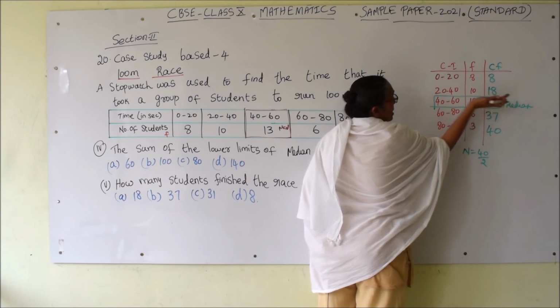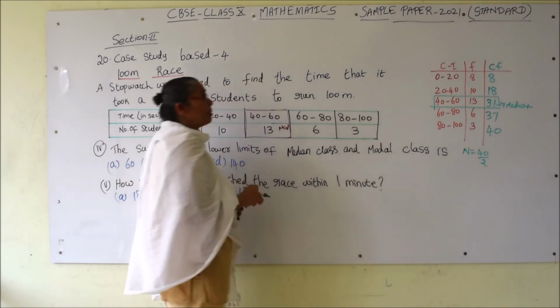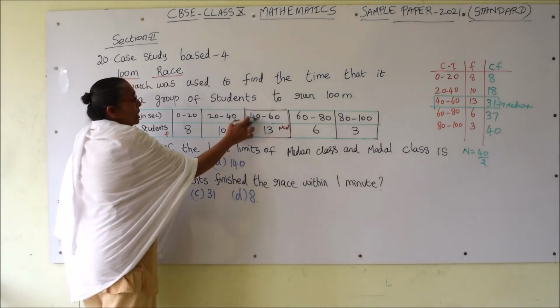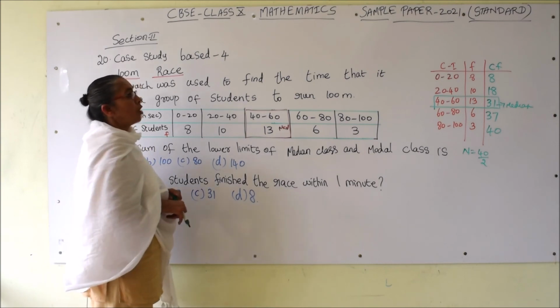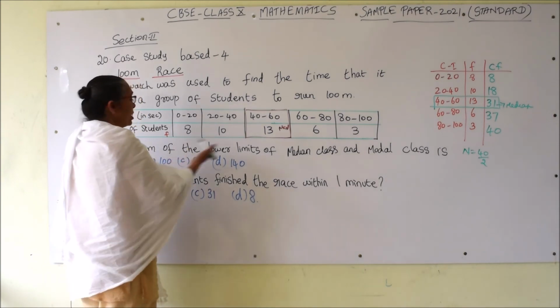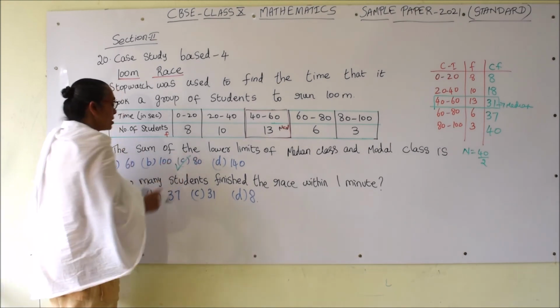So this class is referred to as the median class. Now the lower limit of the median class is again 40, and the lower limit of the modal class is already 40. So 40 plus 40, sum of the lower limits, the answer is 80, option C.